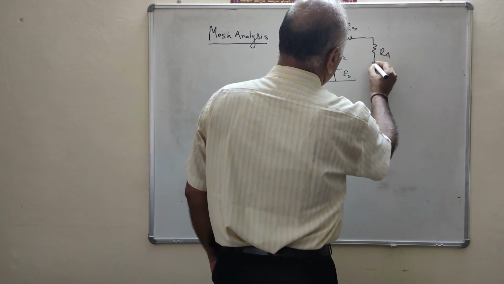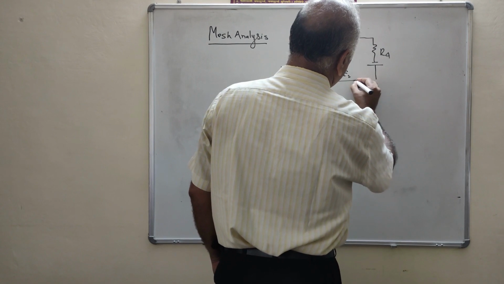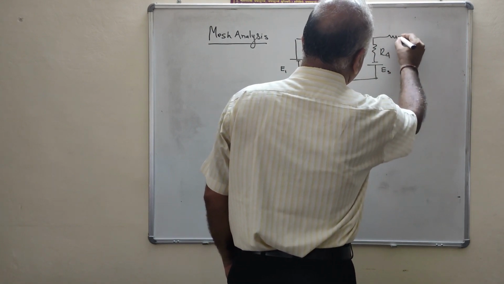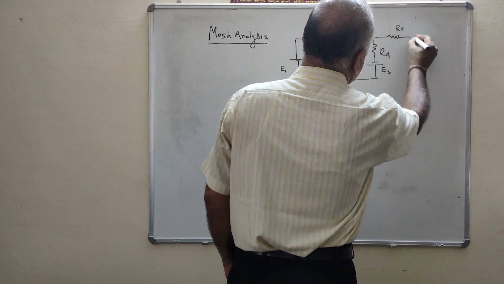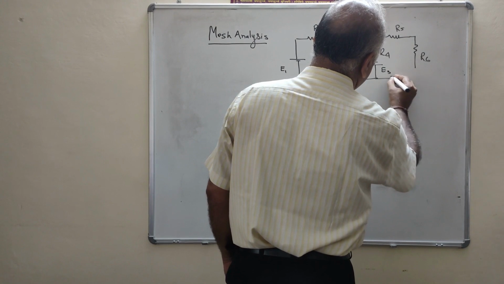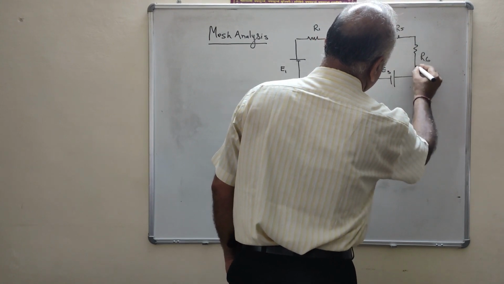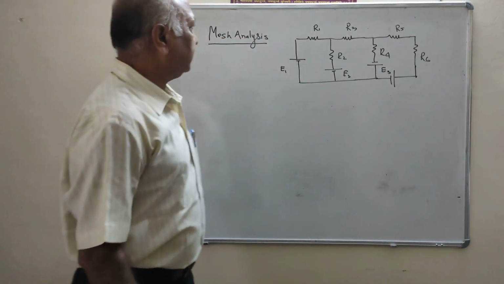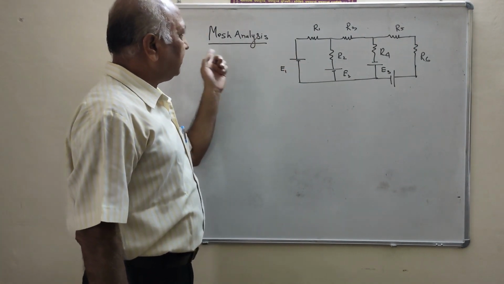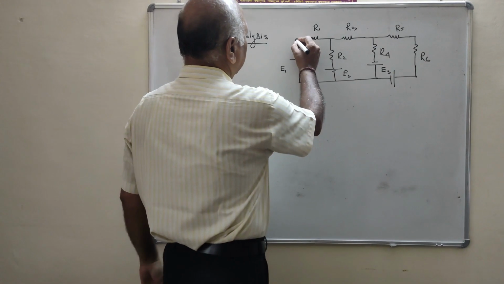Here a source, that is E3, and it is R5. This is R6, and say it is like this. Now we have to solve the network with the help of mesh analysis.